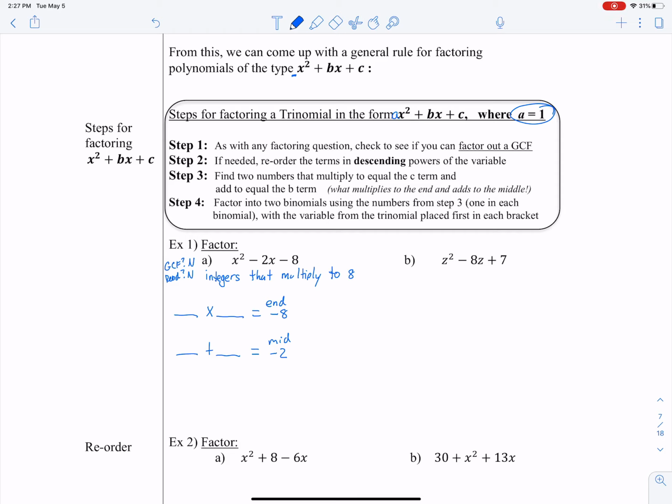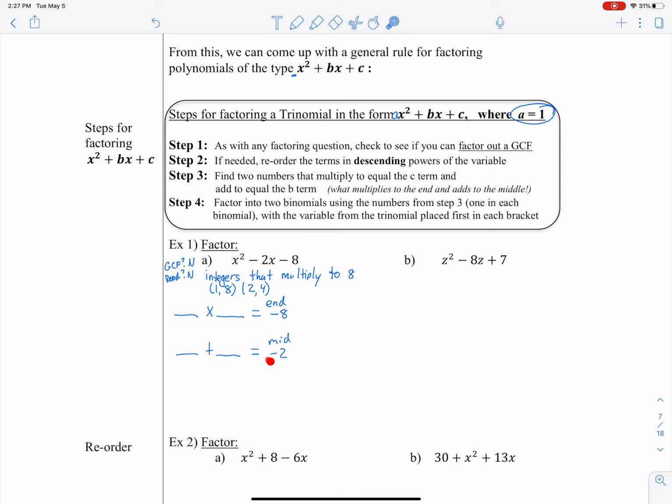Okay, so we have pairs of numbers here, 1 and 8. So 1 times 8 gives us 8. And we have 2 and 4. 2 times 4 gives us 8. There are no other numbers that multiply together to give 8. Okay, so that means that you're going to have to be choosing one of these sets of numbers.